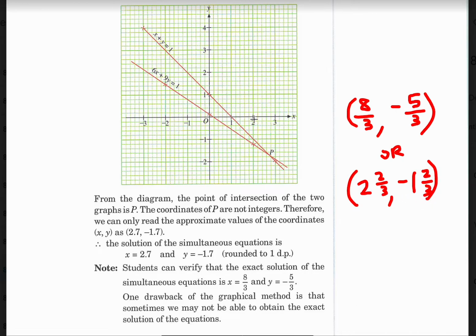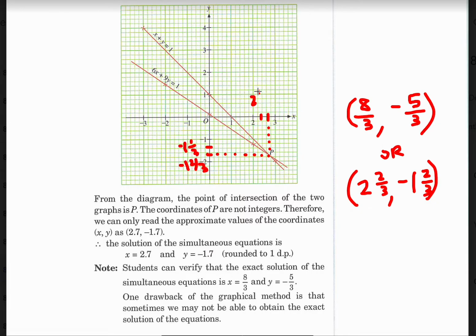Okay, so if we were to block this into thirds, this would be 2 and 2/3 right here, and then negative 1 and 2/3 would be kind of over here, ish. Because this is negative 1 and 1/3, and then negative 1 and 2/3, those dashed lines.